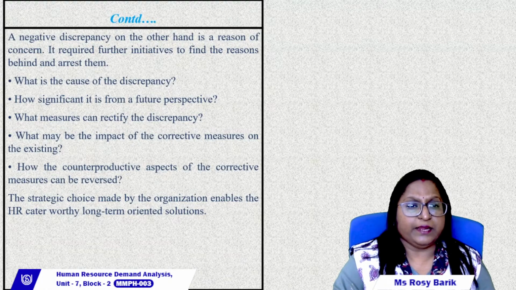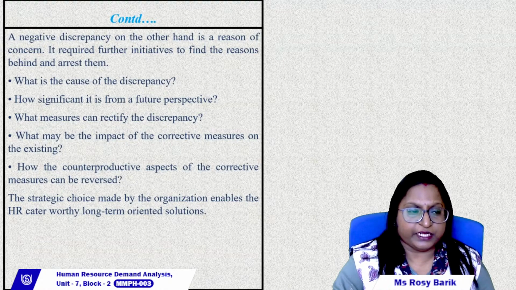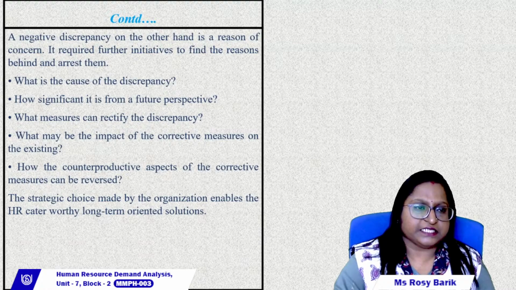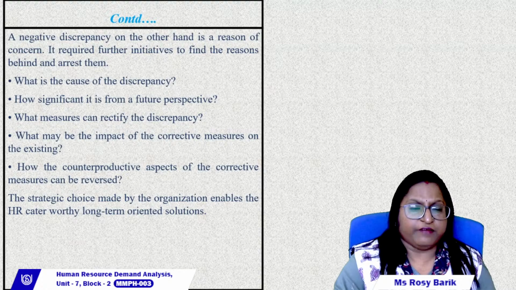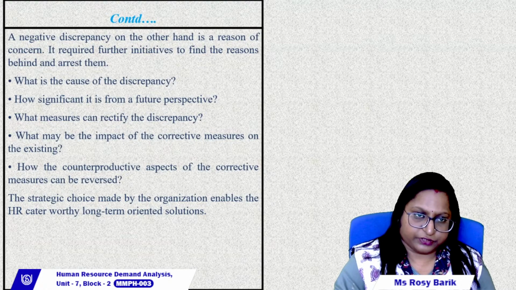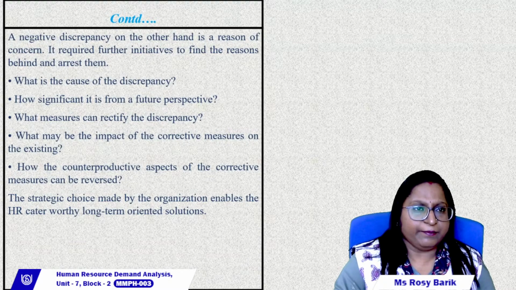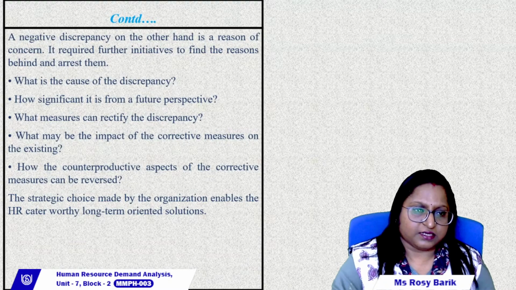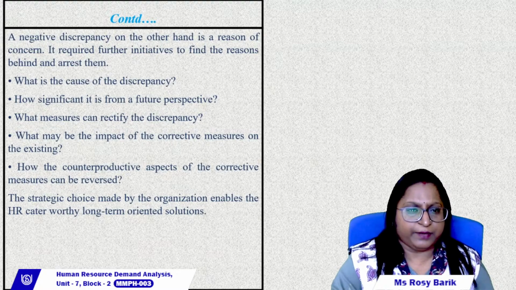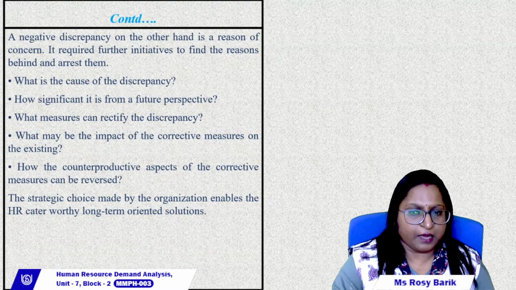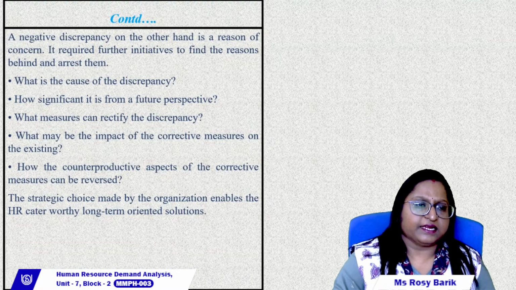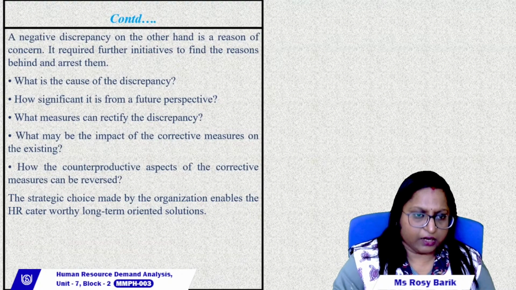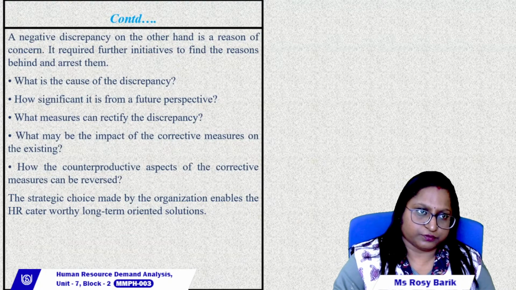What may be the impact of the corrective measures on the existing setup? How can the counterproductive aspects of the corrective measures be addressed? These are the negative discrepancies. The strategic choice made by the organization enables HR to arrive at a worthy, long-term oriented solution.